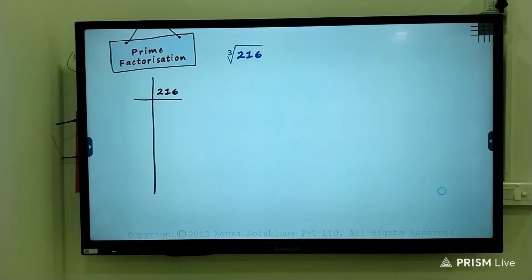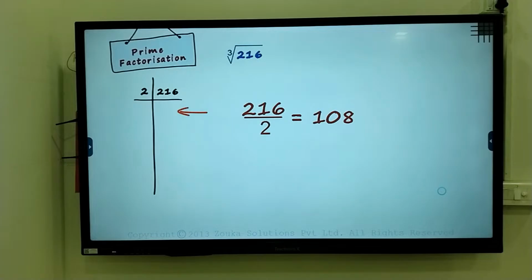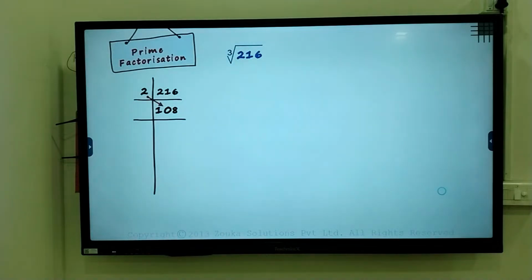Now we think of one prime number that is a factor of 216. We know that 2 is a factor of 216. So we write a 2 here and we divide 216 by 2 and write the quotient here. That is 108. 2 multiplied by 108 gives us 216.